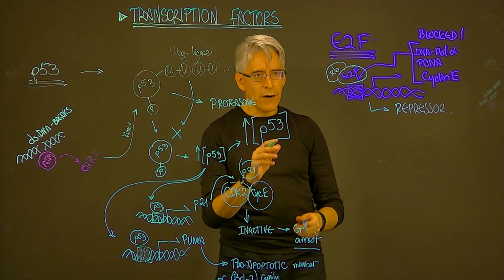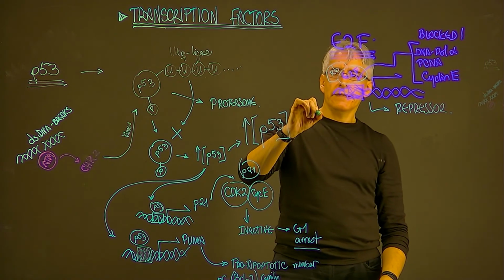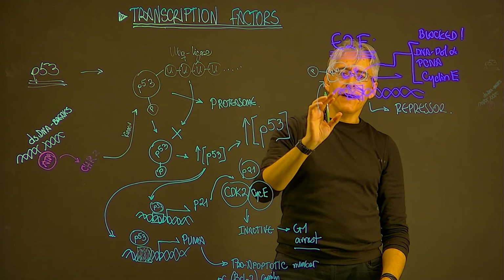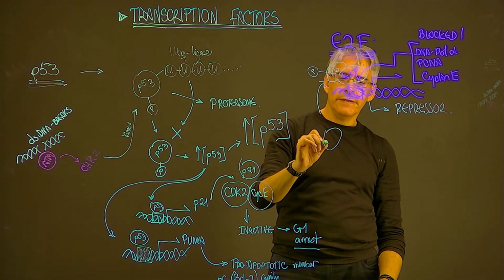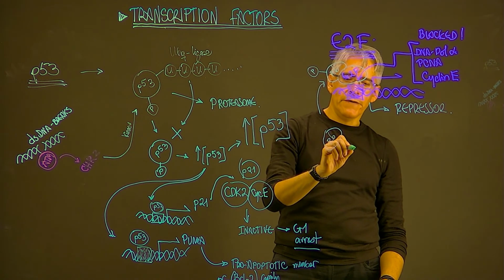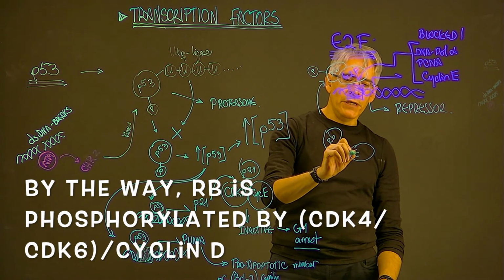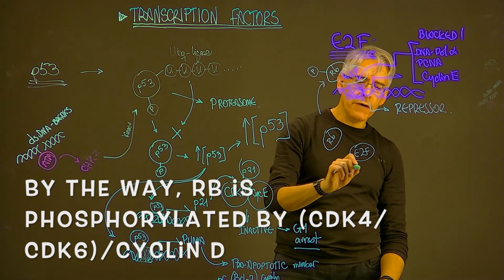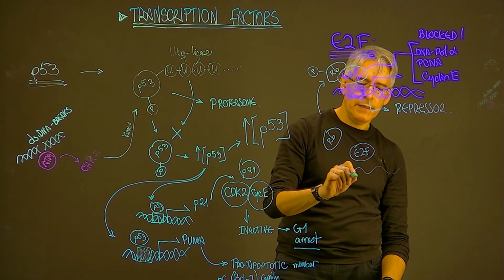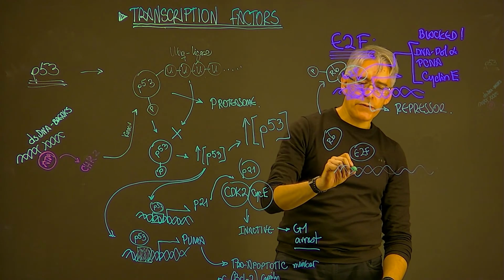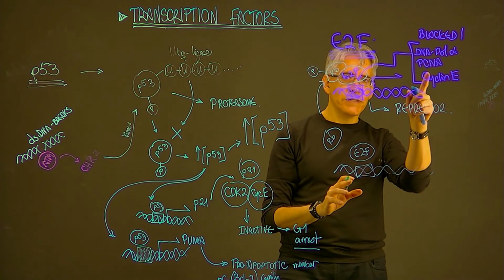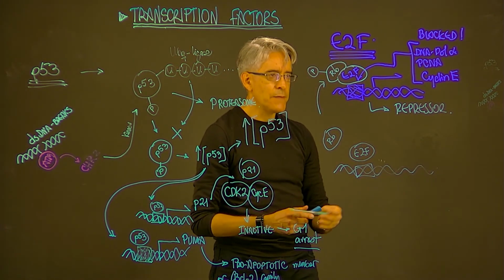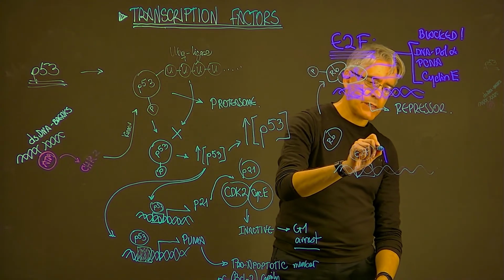However, when RB becomes phosphorylated, then RB becomes dissociated from E2F. So now E2F is free of RB, and when E2F is free of RB, now it continues to interact with those same promoters that it was interacting before, but now that interaction is the type that will be activating transcription.